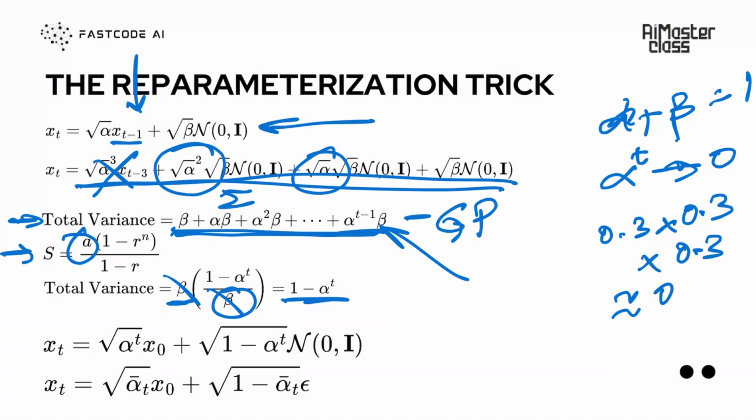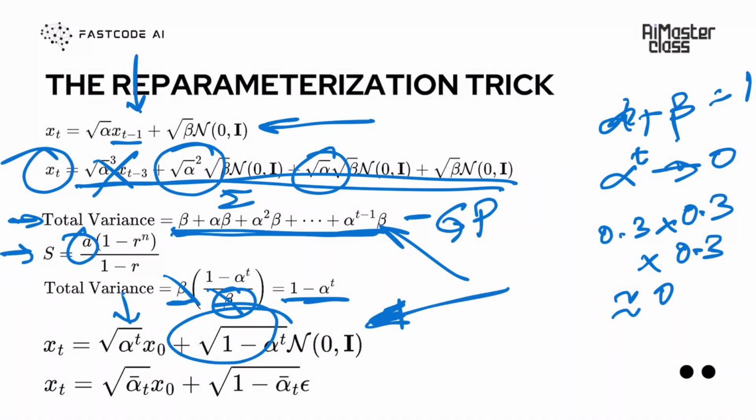And now our xt we can replace with this square root of 1 minus alpha t, right? Because the first term we start from here, and then we take this term, which is the sum of everything else for the variance of the Gaussian, and this becomes here.